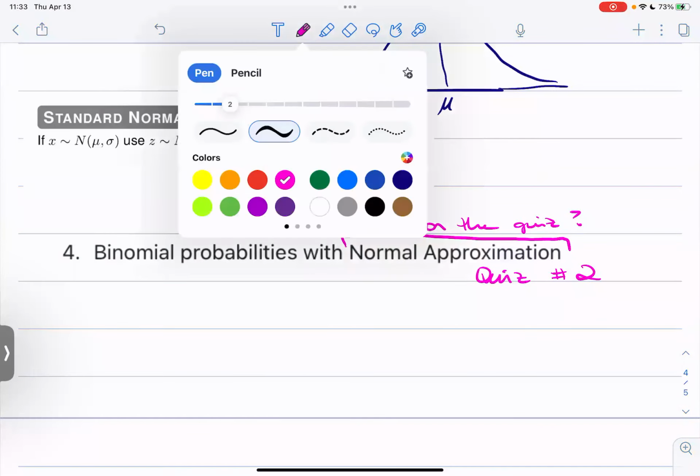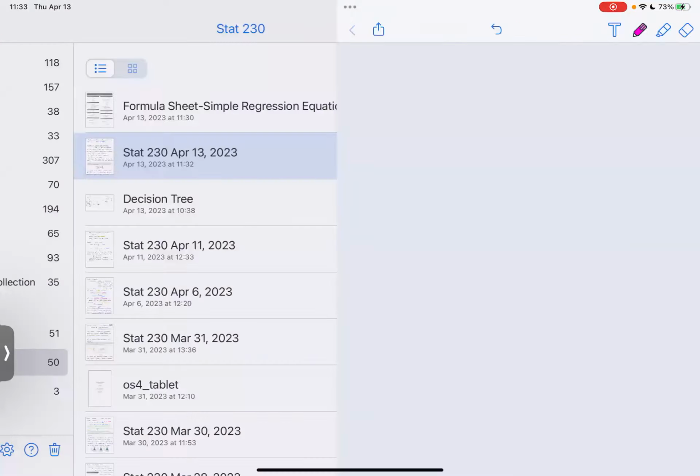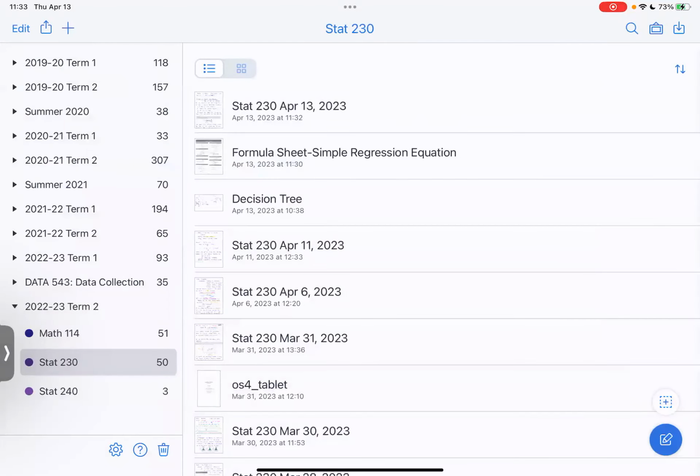So here, what part of the formula sheet might be helpful? Well, it's the binomial section. You can find individual probabilities, right, of K successes in N trials.